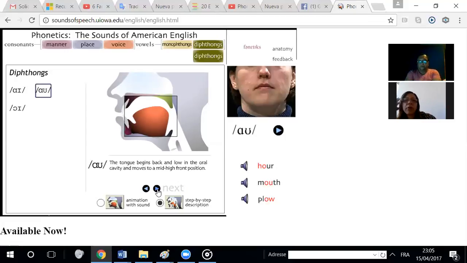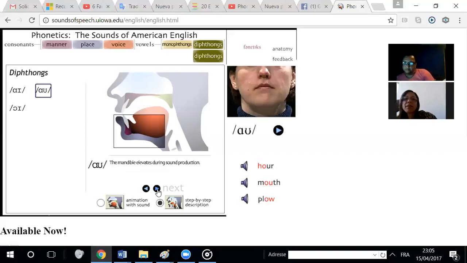The tongue begins back in the oral cavity and moves to a mid high position. Patricia, be concentrated. You cannot commit any mistakes every time. The mandible elevates during sound production. Yeah, the next.